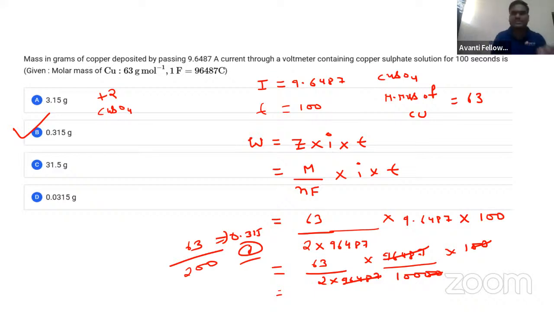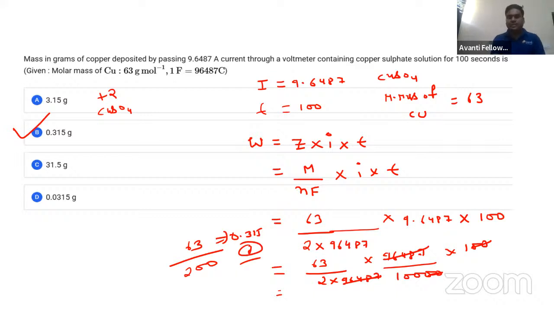Look, in this question we just need to calculate W, right. Let me explain again. In this question, we need to calculate mass, that is W. We already know the formula from the Faraday laws, that is W is equal to Z into I into T. Right? This is the first law of Faraday. Now the next thing is we just put the values, because in this question the value of I is already given, value of T is already given, and the copper sulfate solution is given.